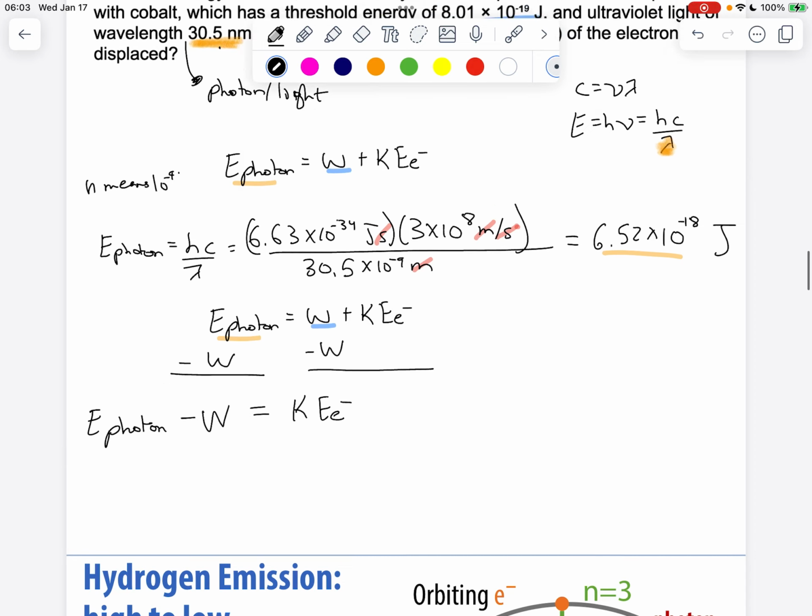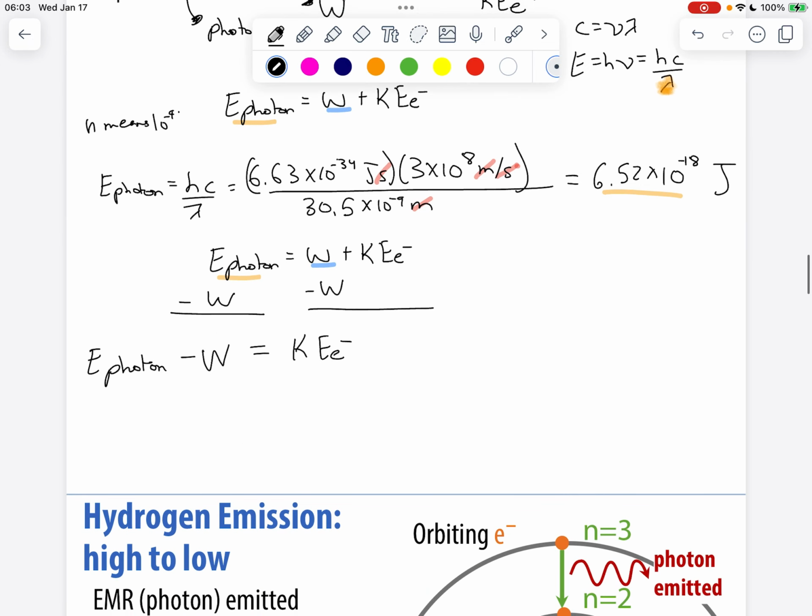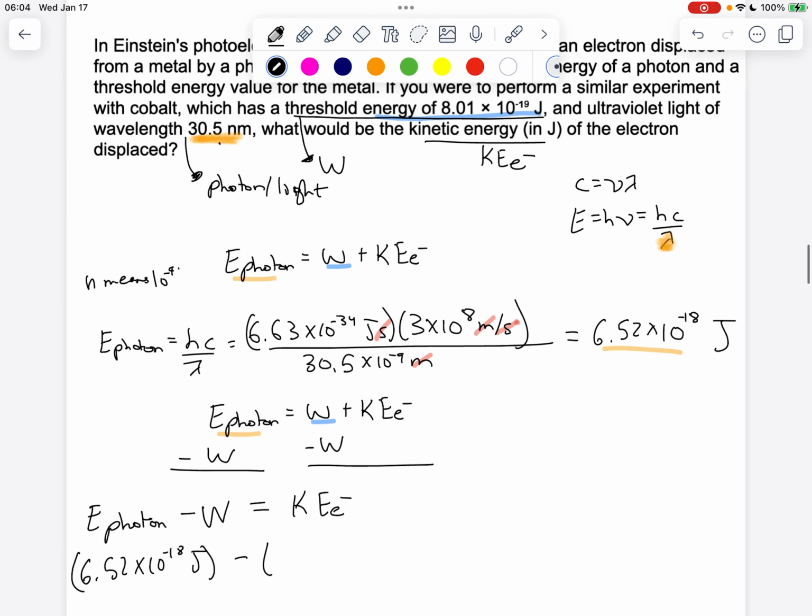The energy of the photon we just solved for, 6.52 times 10 to the minus 18 joules, minus 8.01 times 10 to the minus 19 joules.